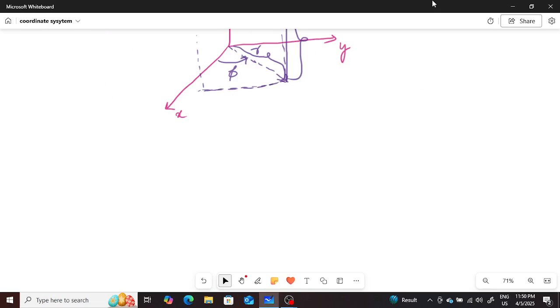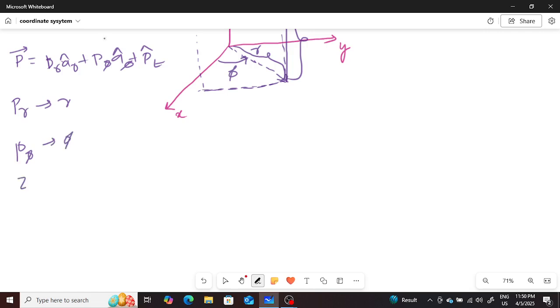Now, the next question is how to write the vector. When the points are given, how to write the vector? That is P_r a_r plus P_phi a_phi plus P_z a_z. P_r is nothing but r, P_phi is nothing but phi, P_z is nothing but z.